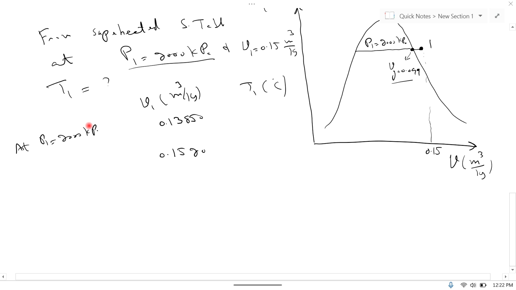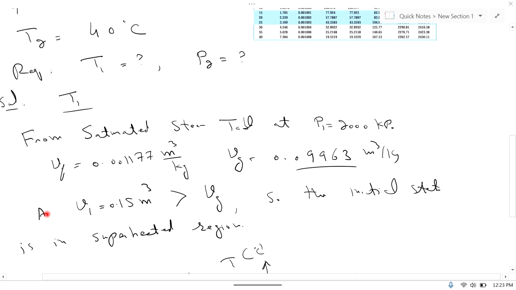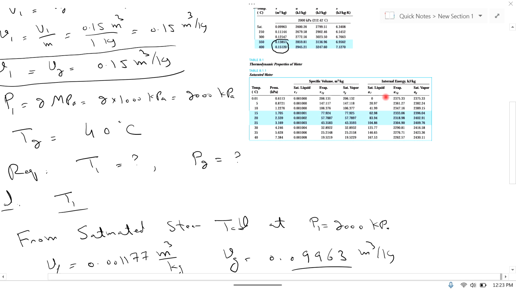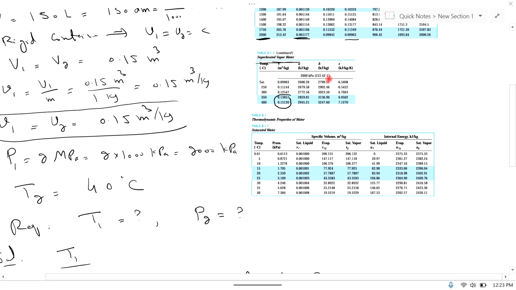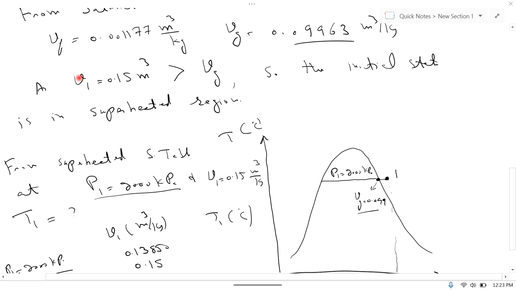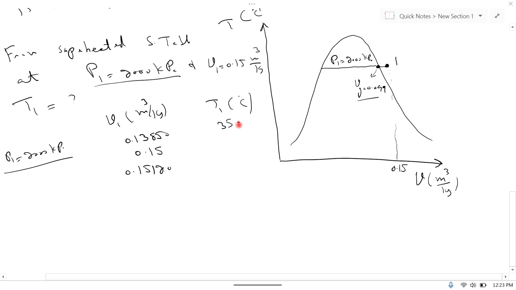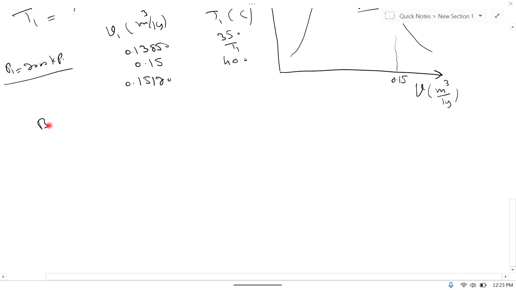But we have to find the temperature at 0.15 at 2000 kilopascal, and this is pressure of 2000 kilopascal. So in front of 0.13857 temperature is 350 degrees centigrade, and here 400. So we will find T1 between 350 and 400.